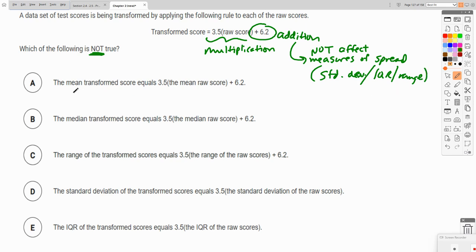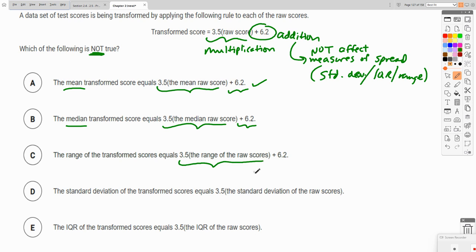So when it talks about the mean being transformed by multiplying the old mean and adding 6.2 on, that would be true. We would multiply and add to the old mean to get the new mean. And we would do the same thing for the median, right? Median's a measure of center. It would be affected by the multiplication and the addition. Range is a measure of spread.